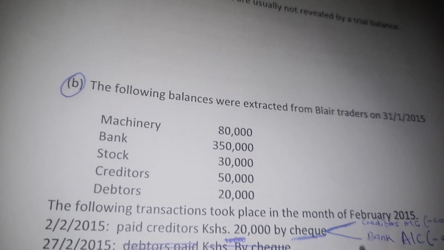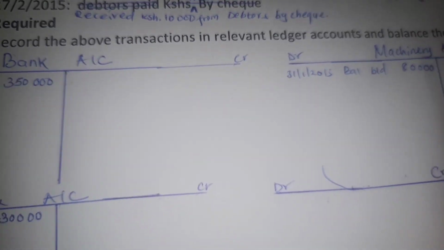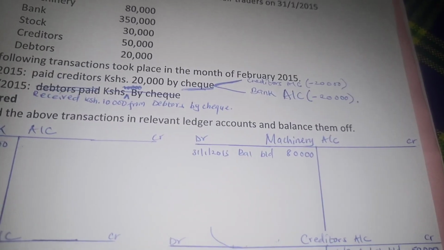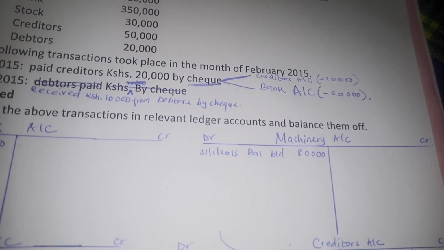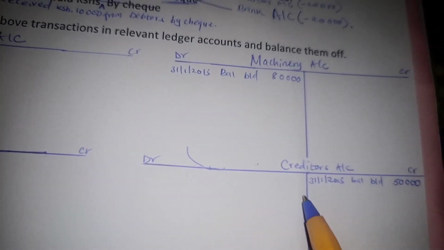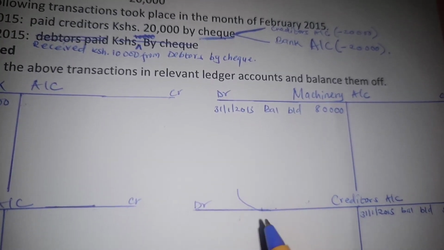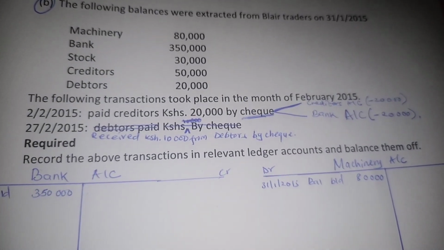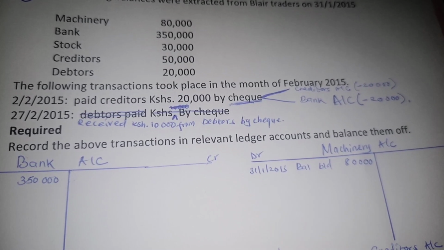So we move on to our creditors account here. You've seen that the creditors account is going to reduce by 20,000. So how do we reduce creditors? By debiting. Reduction in creditors is by debiting. The date is 2nd of February 2015.